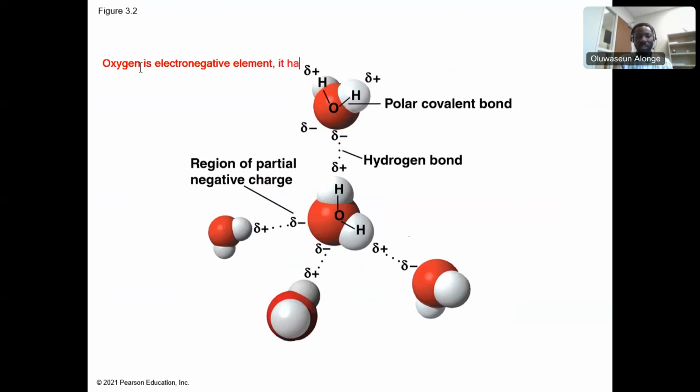It has high affinity for electrons, whereas hydrogen is electropositive and has less affinity for electrons.